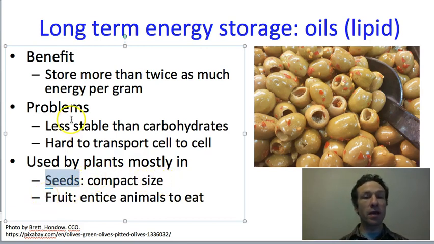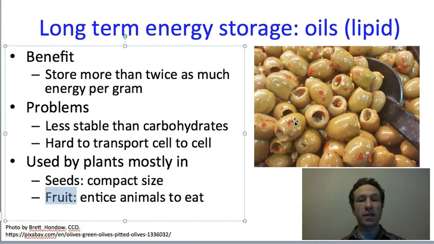Additionally, we will see that there's long-term energy storage of oils in some fruits. Most fruits, in fact, are heavy on carbohydrates and have little oil. There are some exceptions. The two that we think about most are olives, which of course are very oily, and then also avocados.